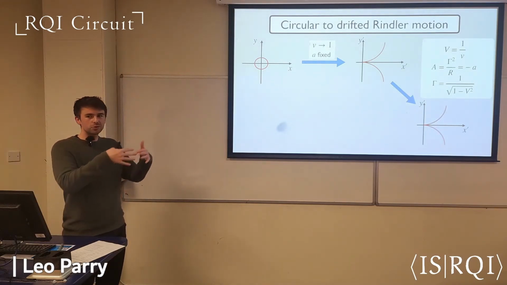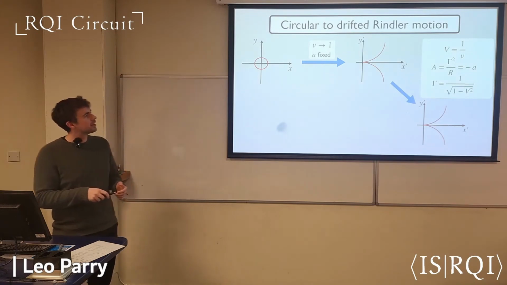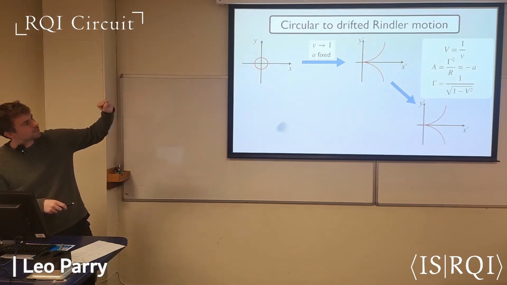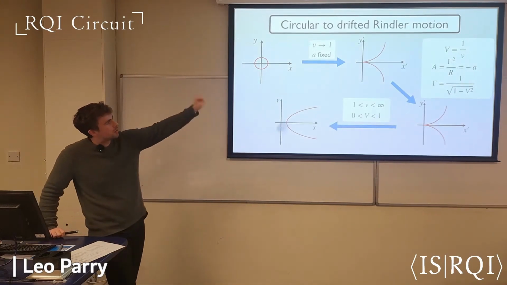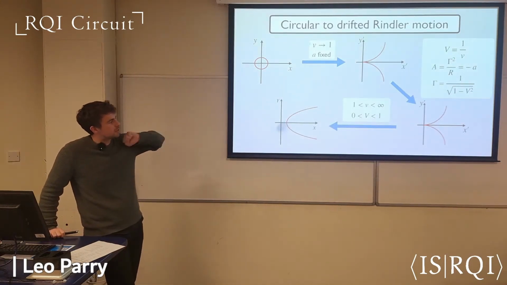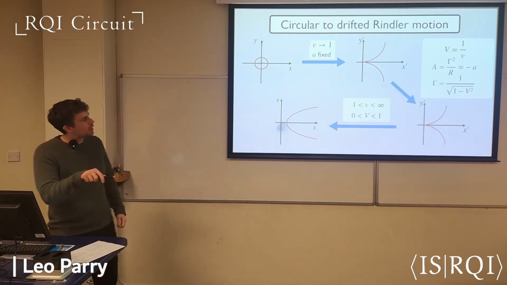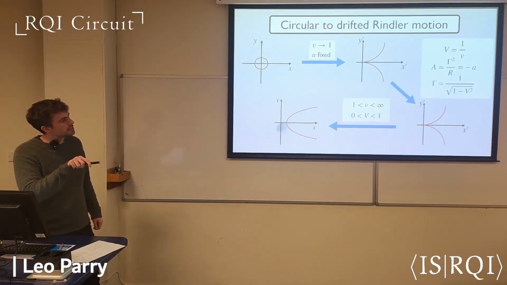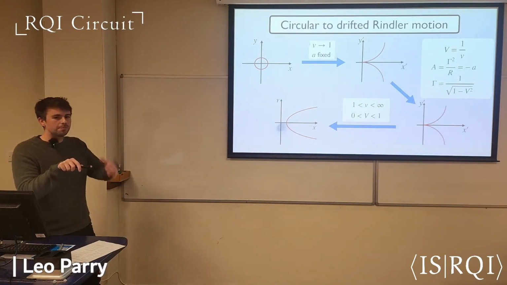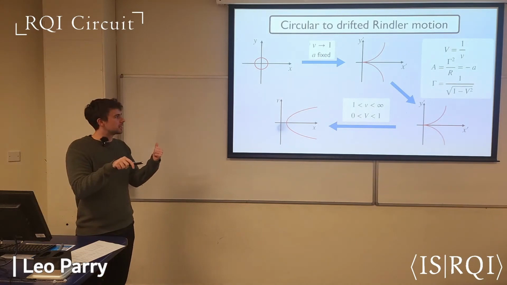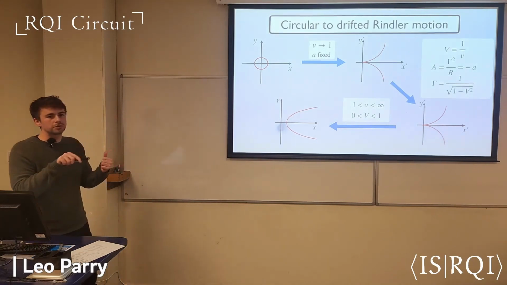So we've gone through the v goes to 1 limit. So if v is now varying between 1 and infinity, this means that our new big V is between 0 and 1. So it's our new speed parameter. And so if you then do the inverse of the transformation that I told you about on the previous slide, you boost back away from the ultra-relativistic limit and you get drifted Rindler motion.